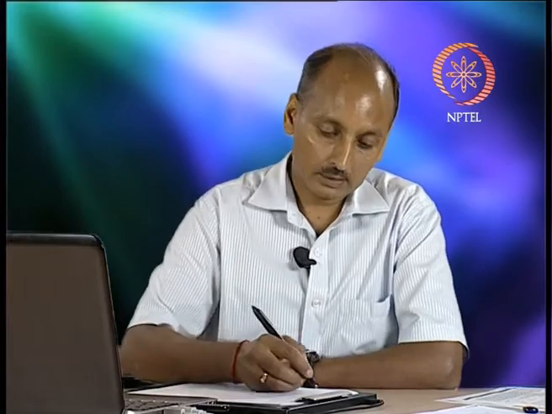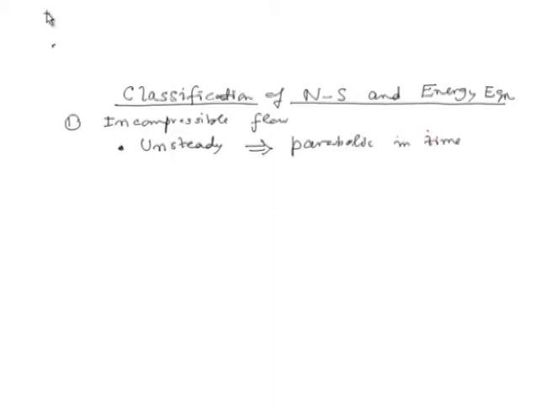Let us first take the case of incompressible flows, where the situation is rather simple. If the problem is time dependent, the unsteady case, the nature of equation is parabolic in time, because we have got a first order derivative in time, and elliptic in space.